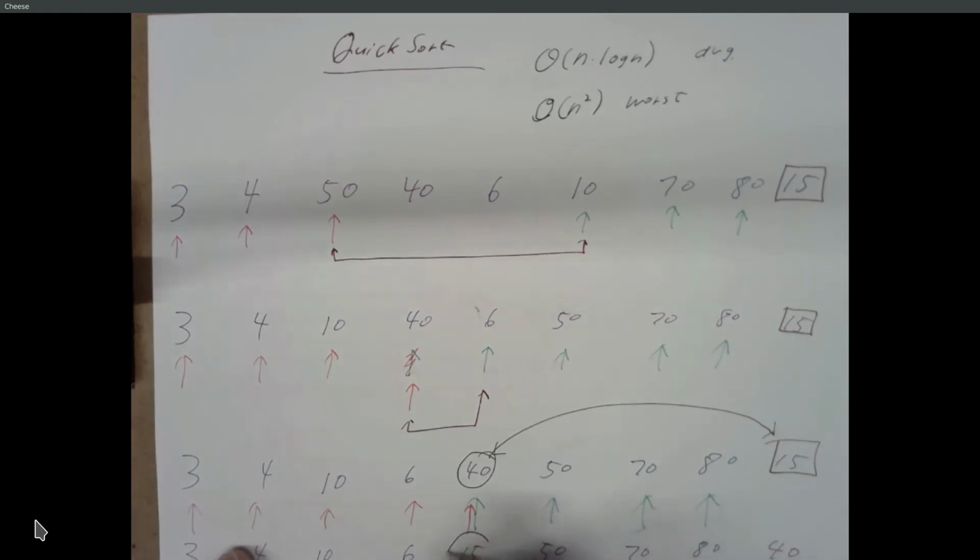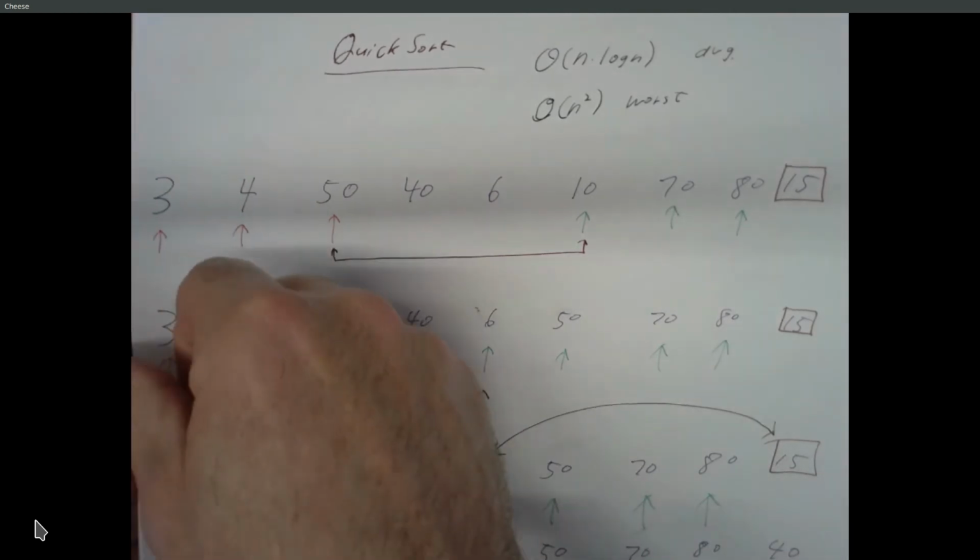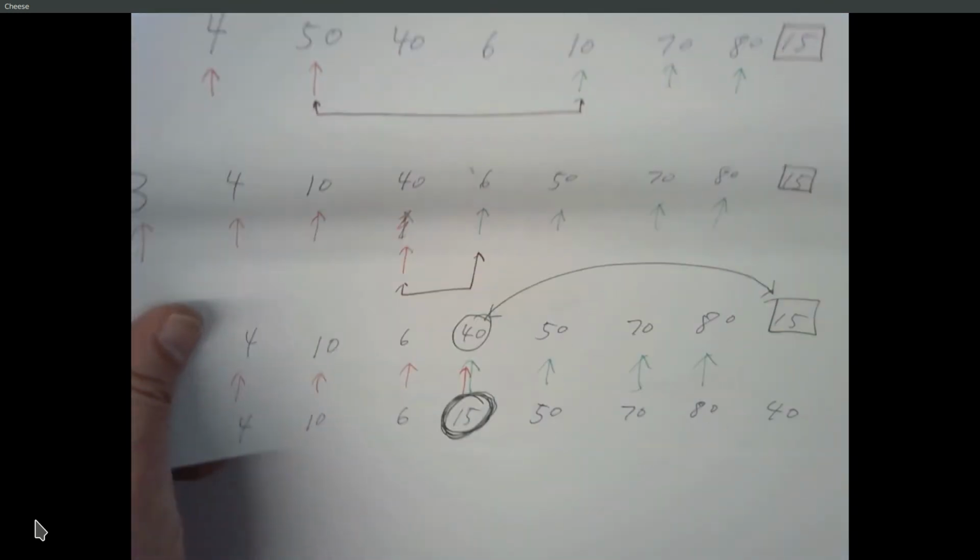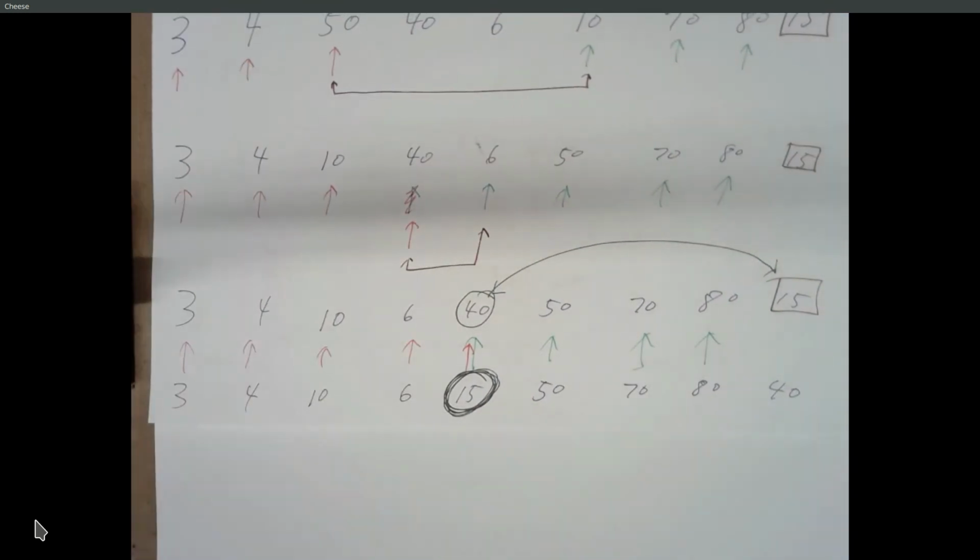And I'm going to draw a big circle around this 15, the thing that was the pivot. Okay, here's what's significant about the 15. We can guarantee everything to the left of that point is smaller than 15, and everything to the right is bigger than 15.